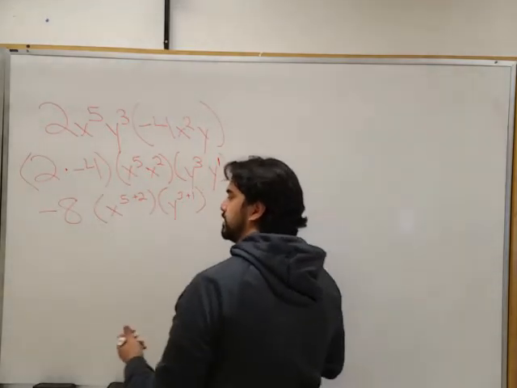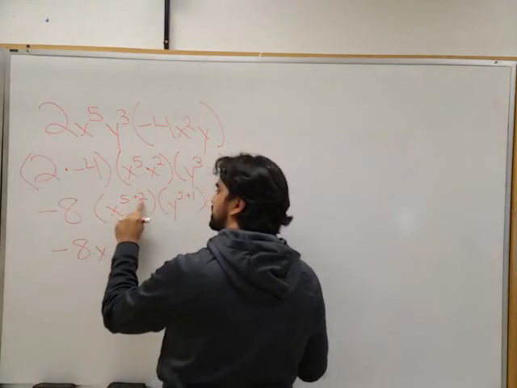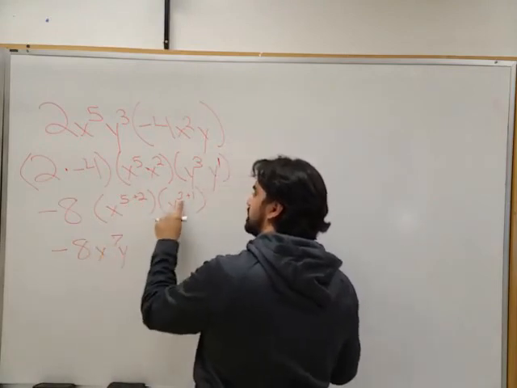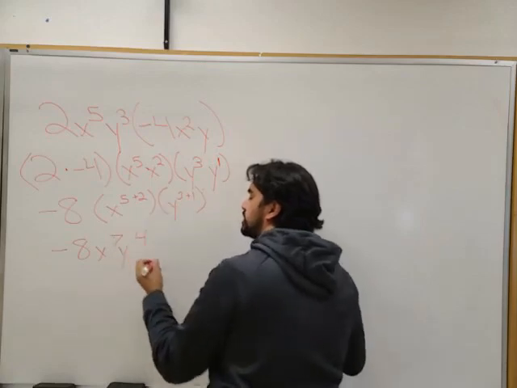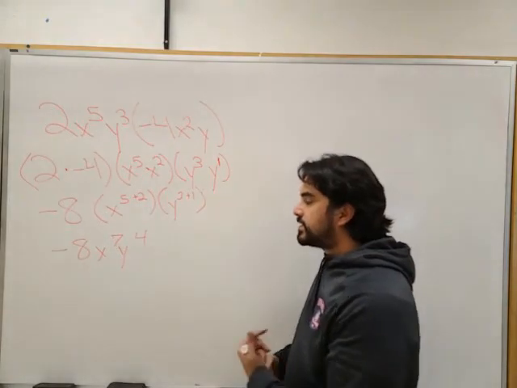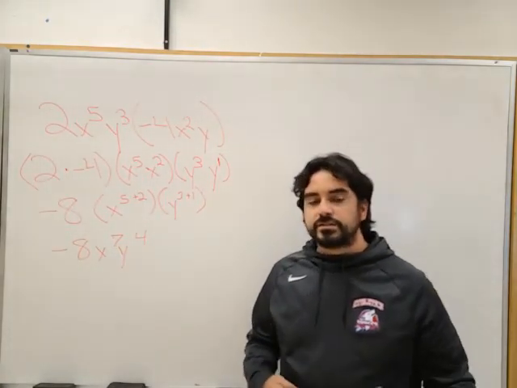And the final step I need to do is negative 8x, 5 plus 2 is 7, y, 3 plus 1 is 4. So my answer is negative 8 times x to the power of 7 times y to the power of 4. If you have any questions, please let me know.